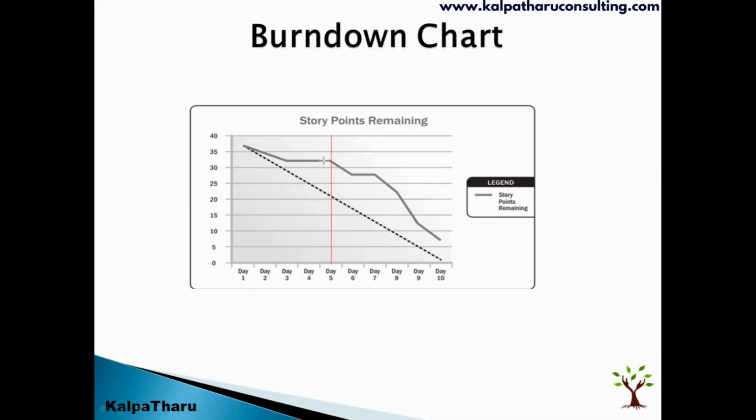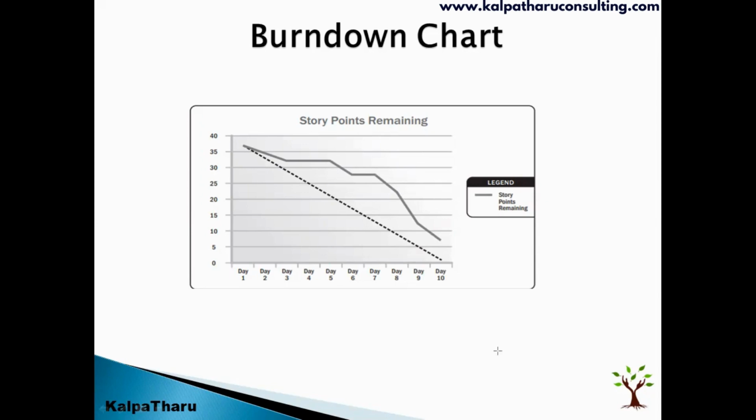You have more remaining work to do. So the performance is bad. Got it? I hope you understood what a burn down chart is. A burn down chart is a graphical representation of the remaining work to be done, or remaining story points. And this graph represents not a good performance.